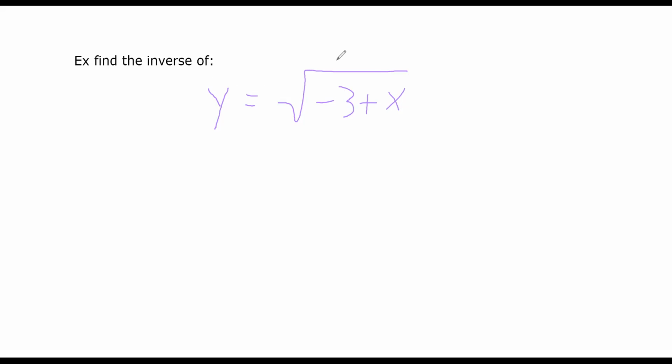Now we're gonna perform some magic here. We're gonna interchange x and y. So we're literally just where you see a y, now you see an x. You still have this, then it's negative 3 plus, now it's y, negative 3 plus y.